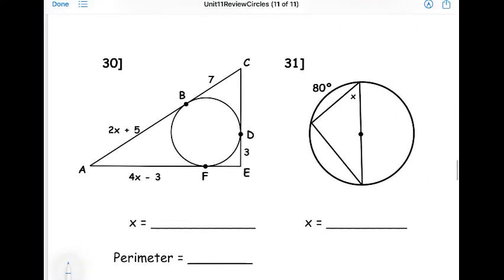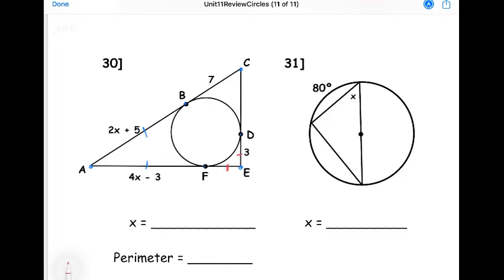So moving on to 30. So notice how A, E, and C are all outside, and they're going to be tangent to the circle, which means that this side is going to be congruent to that side.